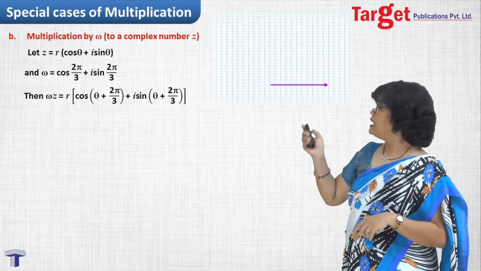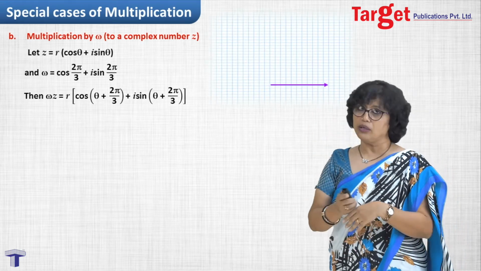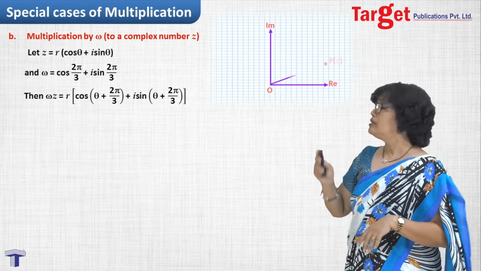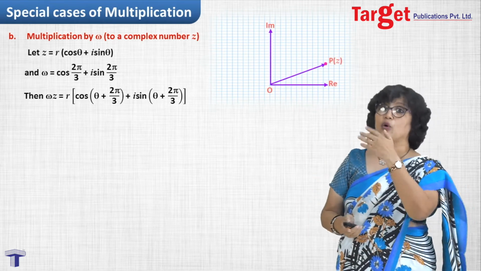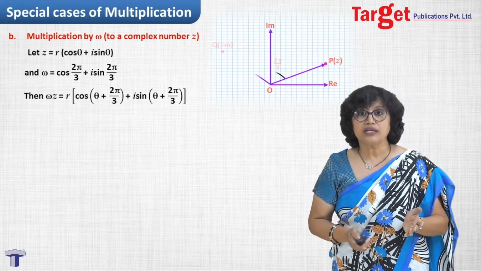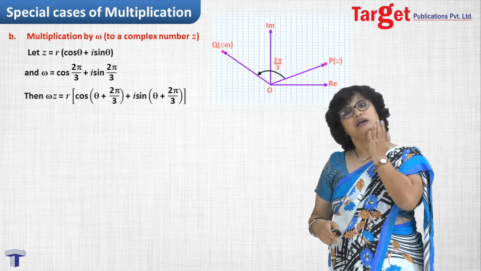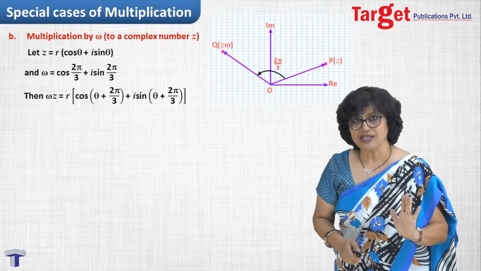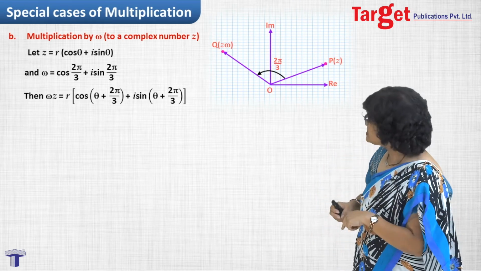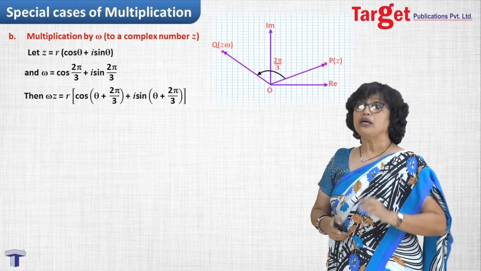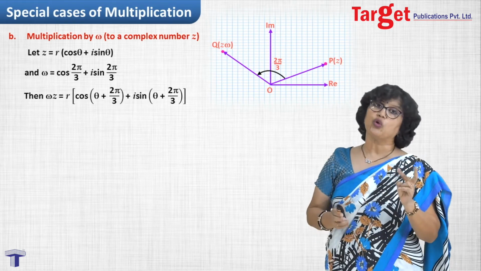If that is the case, then again I will have to mark on the real axis, imaginary axis, that point P, and then some rotation is expected. Now what kind of rotation? Rotation by 2 pi by 3 in the anti-clockwise direction to get the direction of z omega. And since the length is the same, length OP and length OQ would be the same.